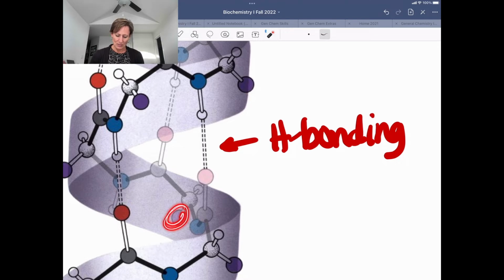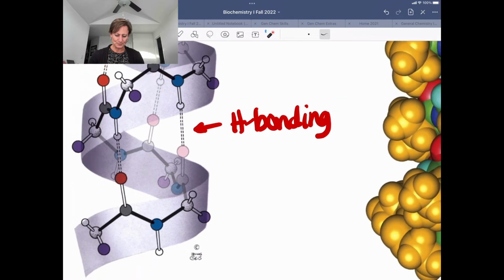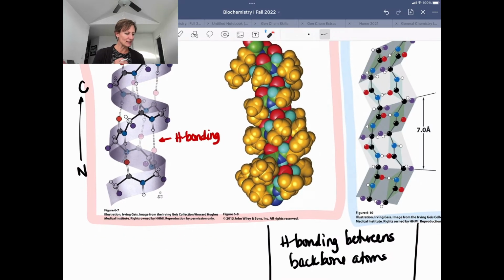Here's one C alpha carbon, 2 C alpha carbons, 3 C alpha carbons, and there's the fourth one. So it's just about 3.5 residues to get around to where we have atoms that can hydrogen bond. Zooming back out, that's our alpha helix.